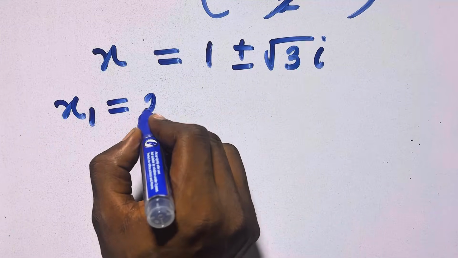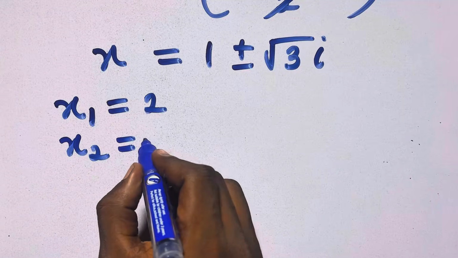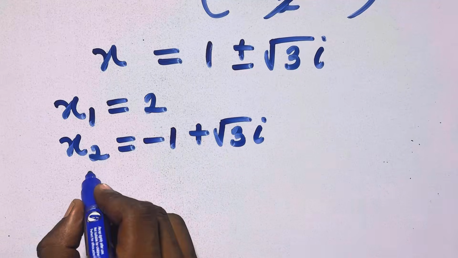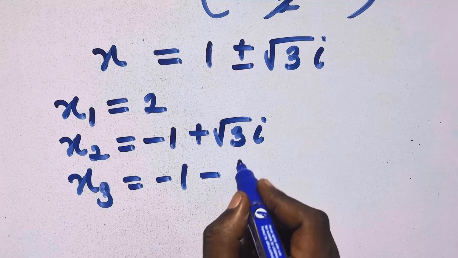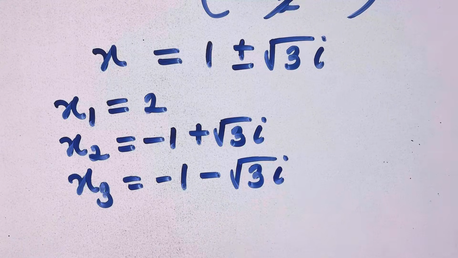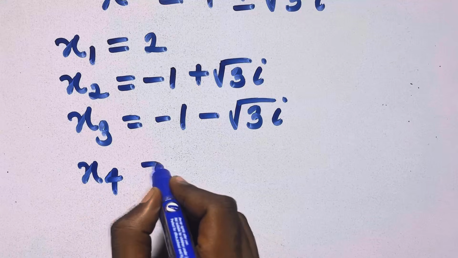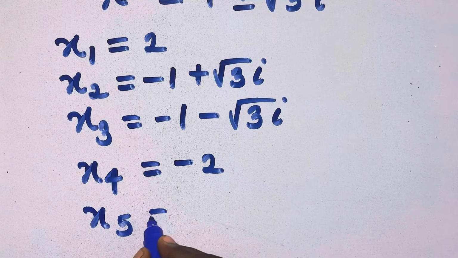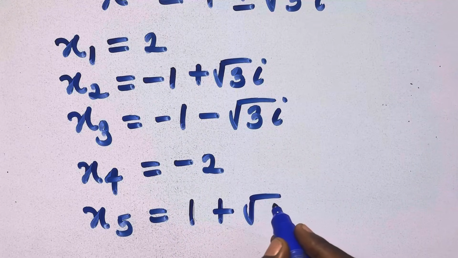So finally, let's list out all the solutions we have. We have our x1 to be equal to 2, our x2 will be minus 1 plus square root of 3i. Our x3 will be minus 1 minus square root of 3i. And our x4 will be minus 2.